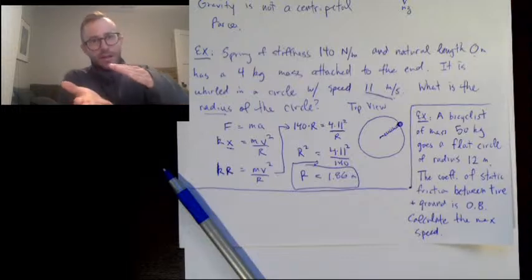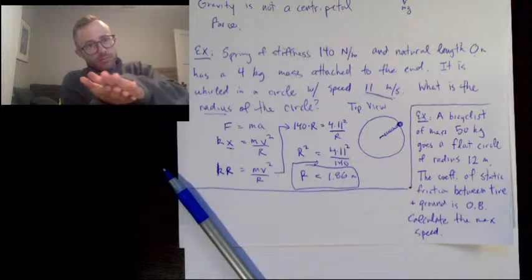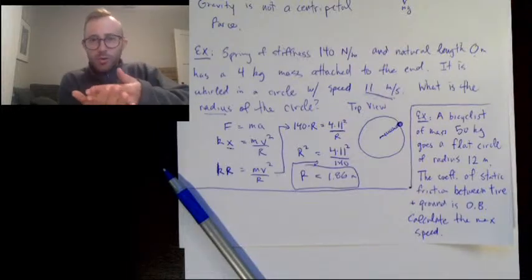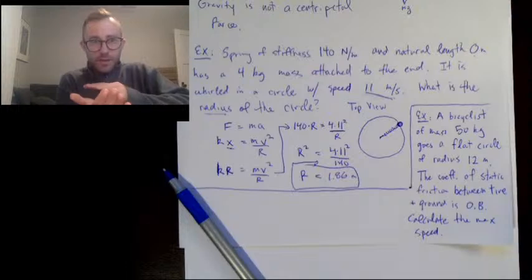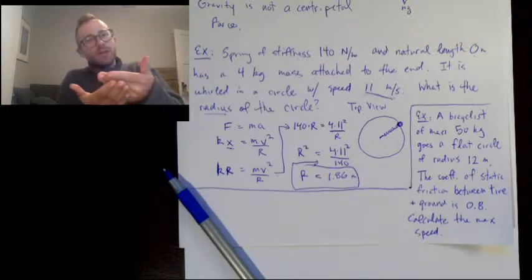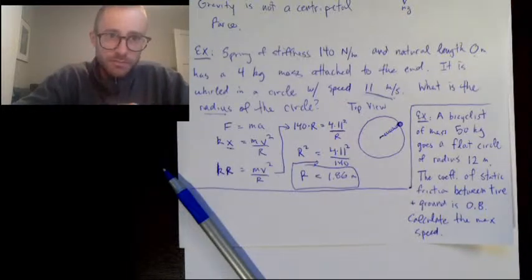Because think about that: is your tire actually sliding against the ground? No, it is not. It's rolling across the ground. So rolling is different from sliding. When you're rolling, the rubber in your tire isn't scraping against the pavement. So even though you're moving, it's static friction.